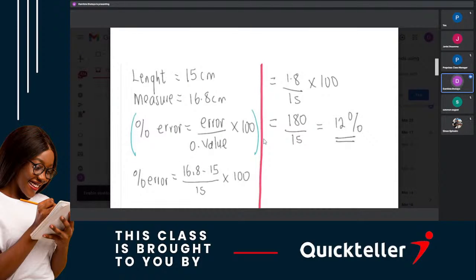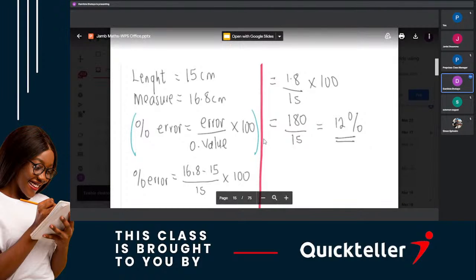Now, the real length is 15 centimeter, the mistake length or the wrong length is 16.8 centimeter. Now, how do you find error? Subtract. That will become 16.8 minus 15. That's my error. Then over the original value, which is 15, times 100.